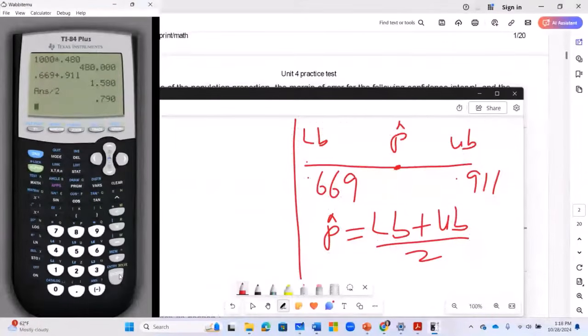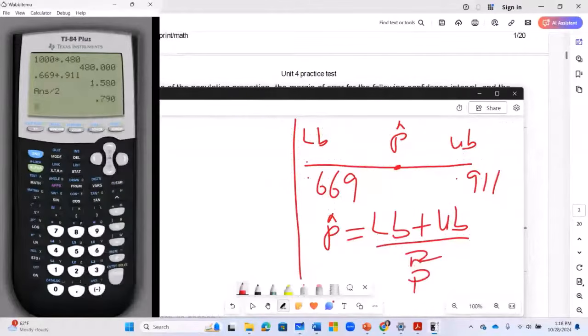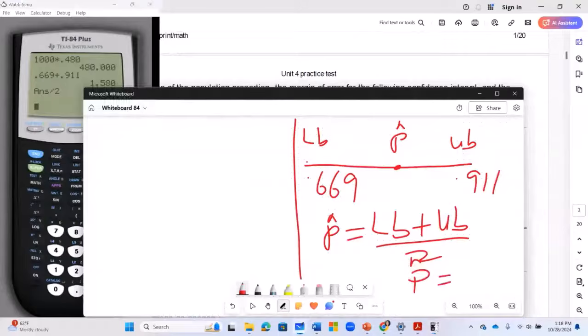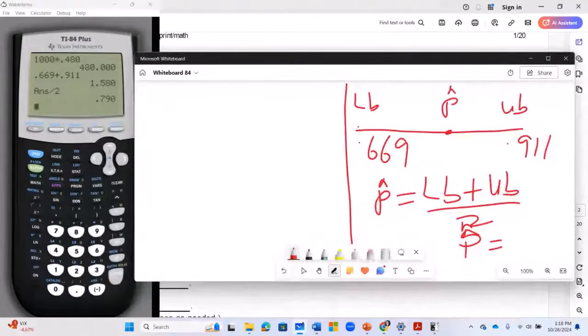So the point estimate in this question, p hat, is equal to 0.790. You know, it cannot be more than 1 because it's a probability. This number cannot be more than 1.